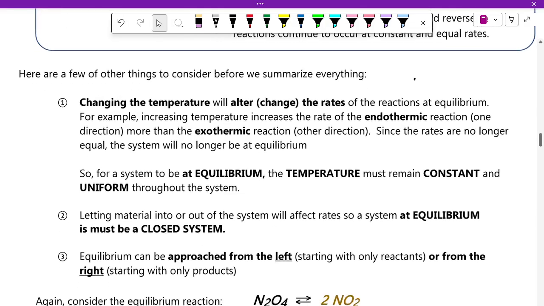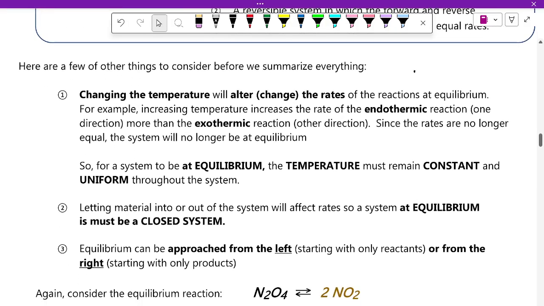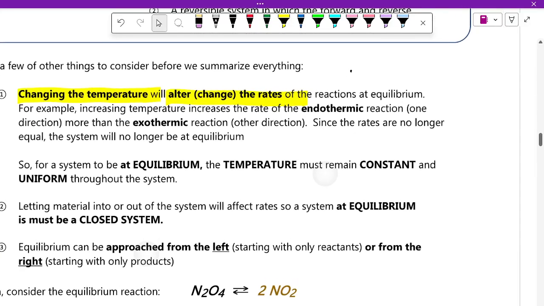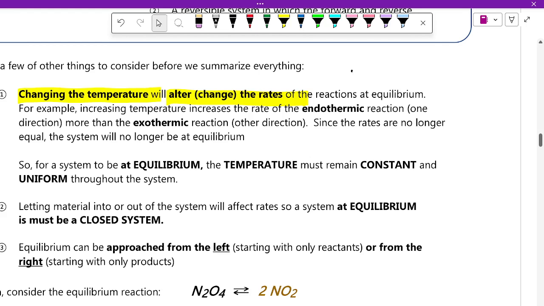Okay. So here are a few things that we consider before we summarize anything. Changing the temperature will alter the rates because we know changing temperature changes rates. And changing the temperature changes the rate of the exothermic and endothermic reactions differently.